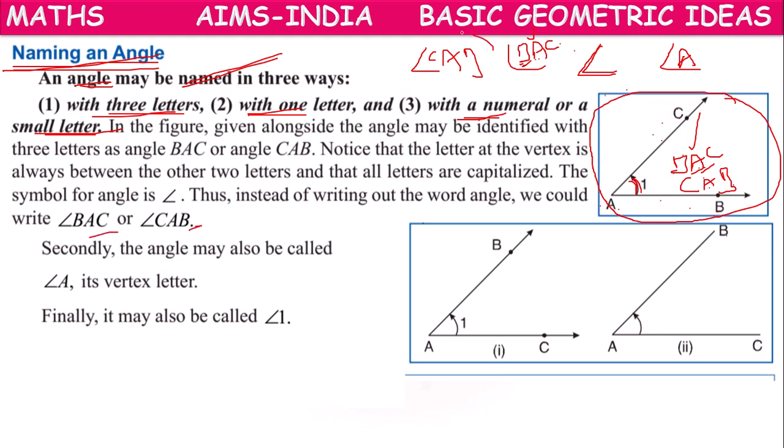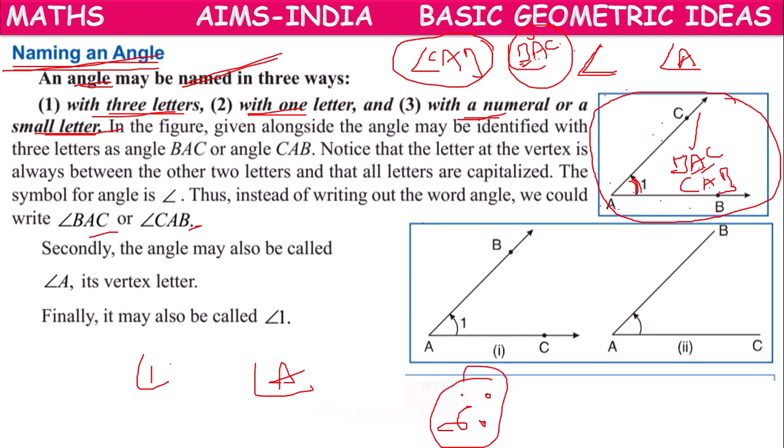So with 3 letters we can mention it, or only with the vertex, angle A, or with a numeral, angle 1, or if it has any value like 60 degrees or 30 degrees, with that value also we can mention it. So we can mention the angle in any way.